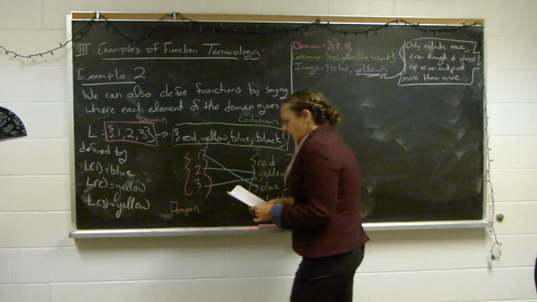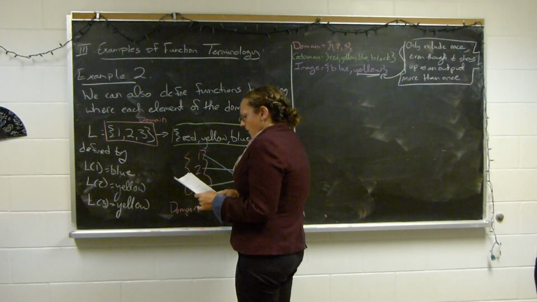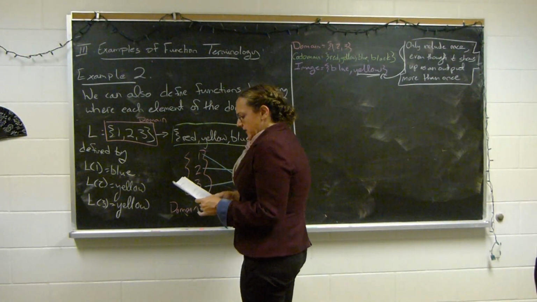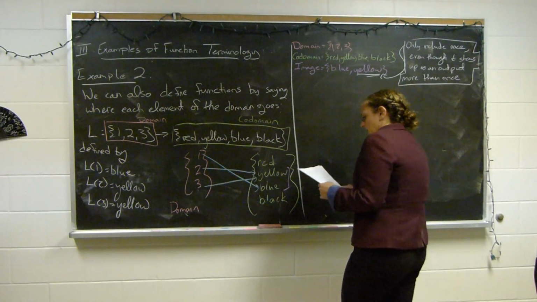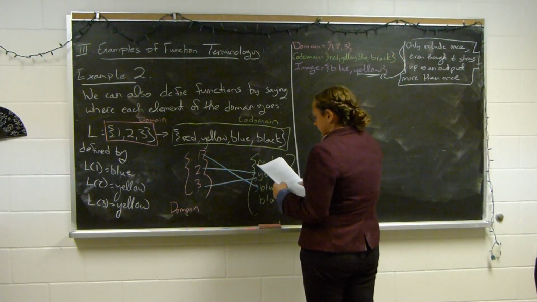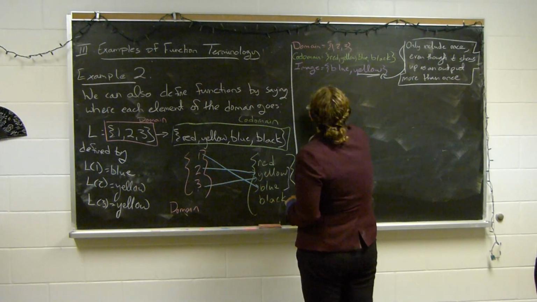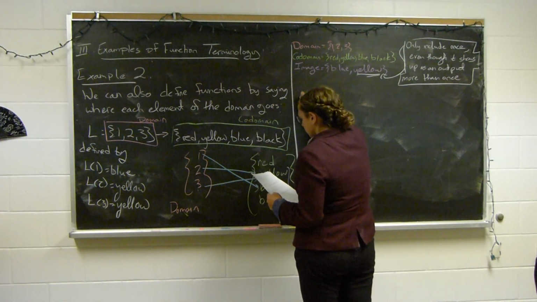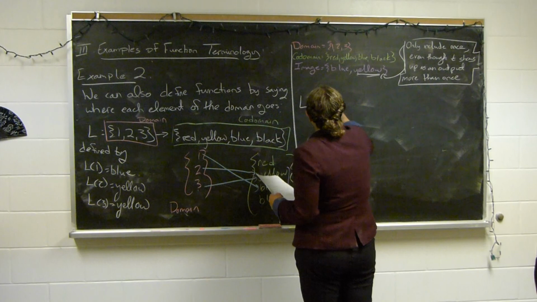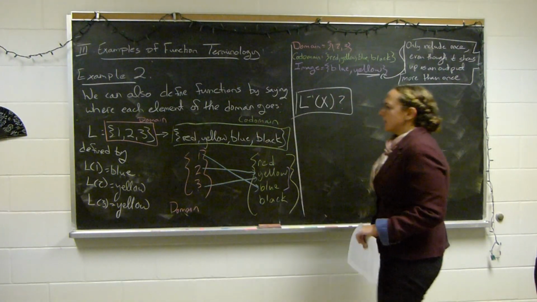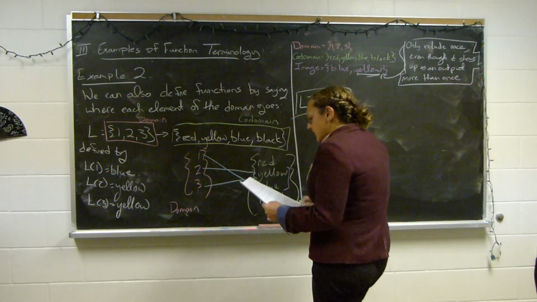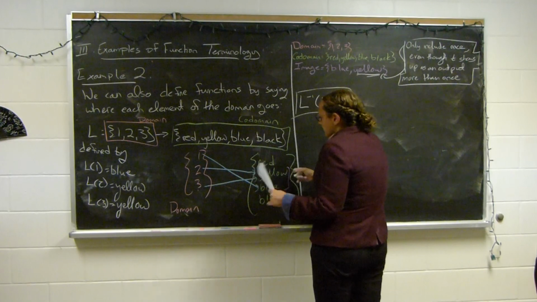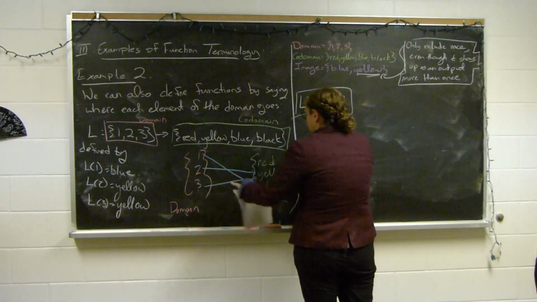Okay? Now, what if I wanted to take L inverse of X? Now I'm interested in figuring out how to compute L inverse of X. Well, I can start organizing my thoughts first, and I can notice that yellow, what gets mapped to yellow? 2 and 3.